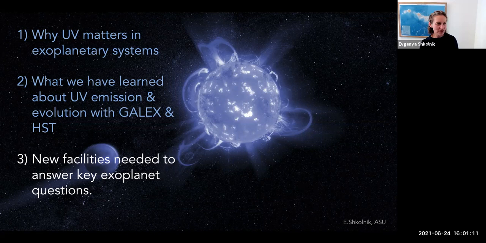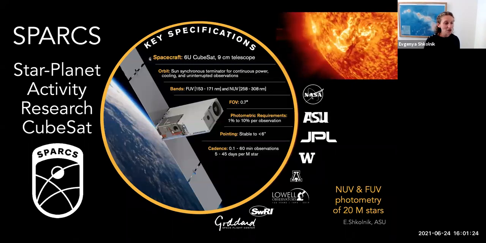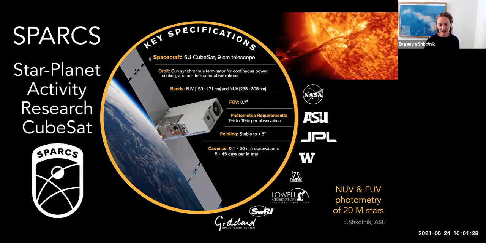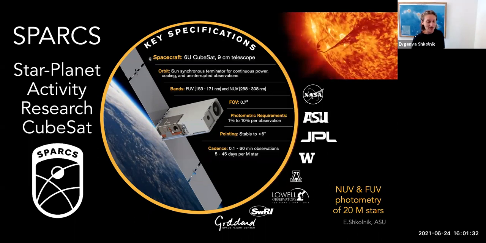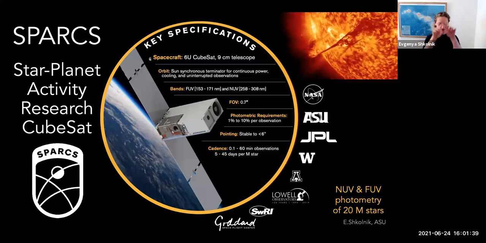And so I'll tell you very briefly about two upcoming missions that we're trying to build in order to get these data. So the first one is SPARCS, the Star Planet Activity Research CubeSat. Now, this one is already halfway through development, funded by NASA through the APRA program, the Astrophysics Research and Analysis program. It's going to be a 6U, and a 6U is kind of like this big, about the size of a family-sized Cheerios box.